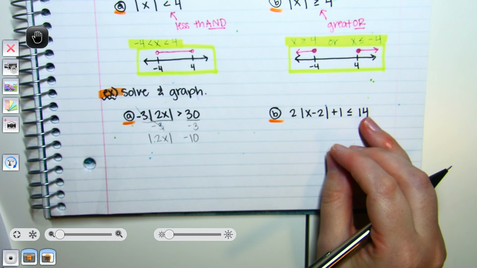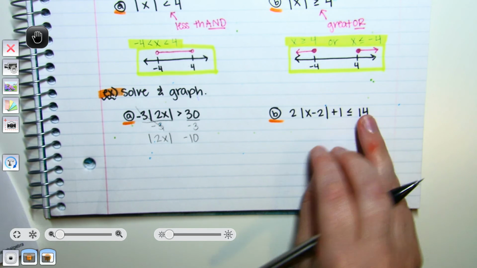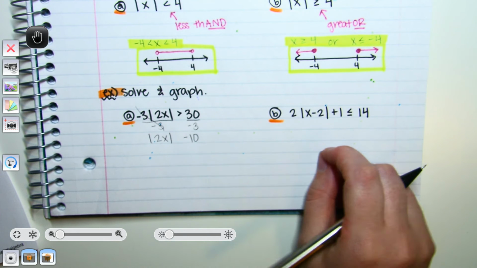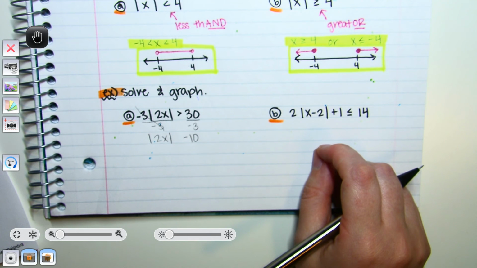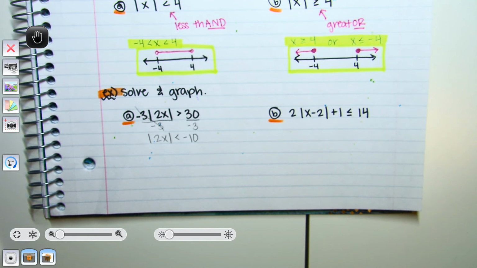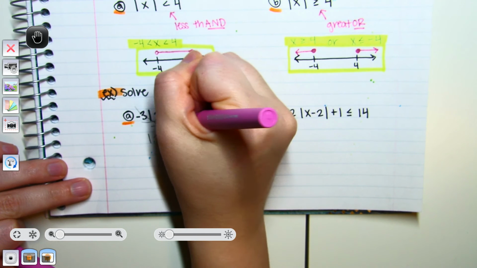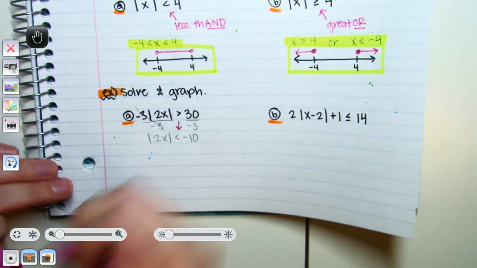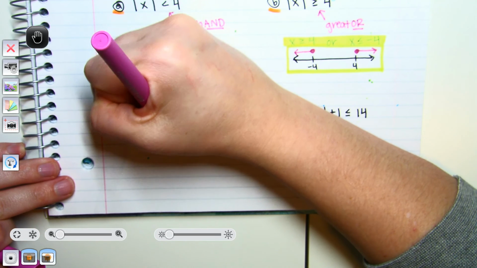Now when we divide both sides by a negative, what do we have to do? Good. You all should have said flip the sign. I'm just going to draw a little arrow to that so you see that that happened. It flipped, really small.